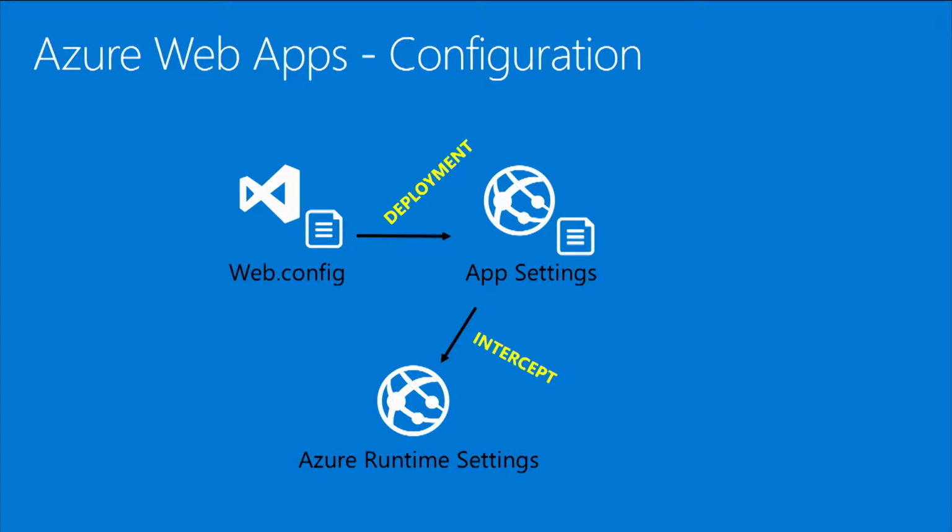When you deploy a web app to Azure, you can deploy a web.config. Let's just say we're doing an ASP.NET web app. You can deploy a web.config file. And this config file can have your configuration settings, maybe your SQL database connection string, maybe some application settings, maybe some connection strings to third-party data providers. There's a lot of different things you can have configuration-wise in your web.config. But once you deploy this, you don't really have access to go and update your web.config.